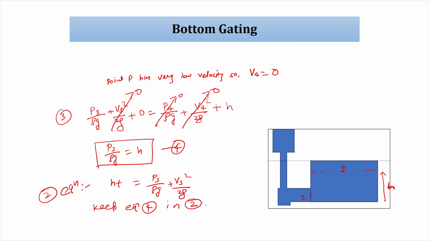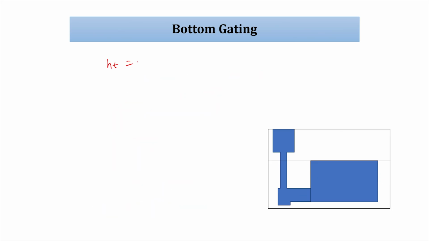So, what will happen? Ht equal to H plus V3 square by 2g, V3 square by 2g equal to Ht minus H. So, what you can write? V3 equal to root under 2g into Ht minus H.